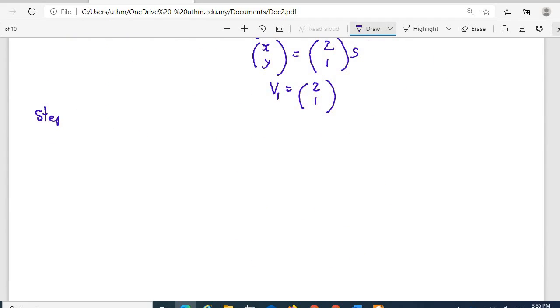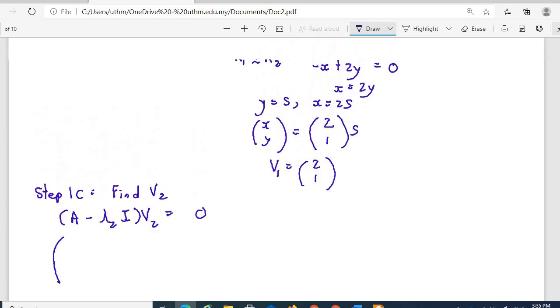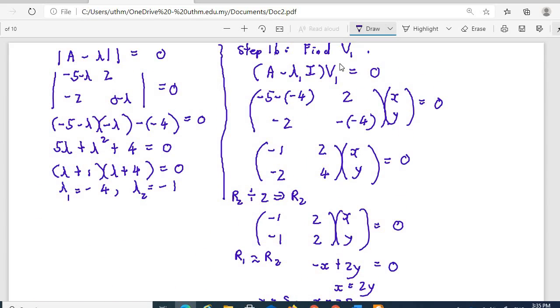Step 1C, you want to find V2. To find V2, solve your A minus lambda 2 I times V2 equal to 0. So basically you can start from here, same with step 1B, you just replace your lambda 1 here by lambda 2.